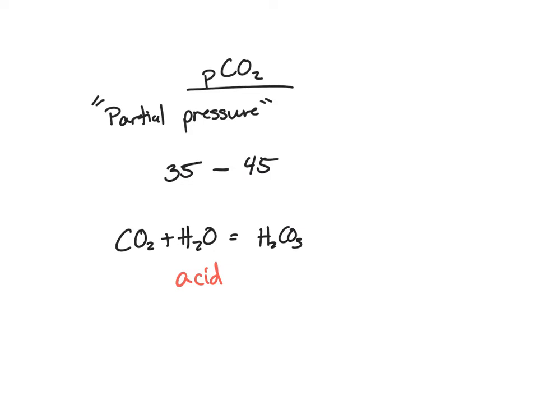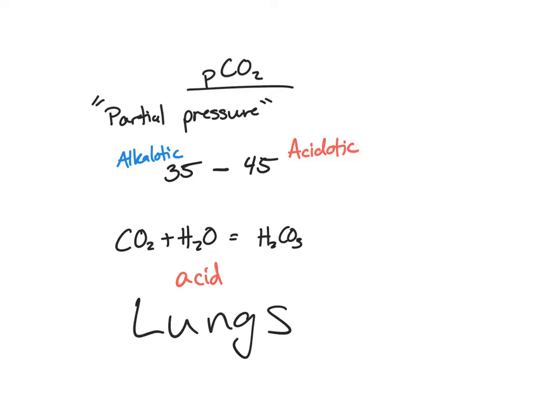Therefore, anything lower than 35 would actually be alkalotic because you don't have enough acid. And anything greater than 45 would be acidotic. Also remember that this is largely controlled by the lungs. So think of this as the respiratory indicator.